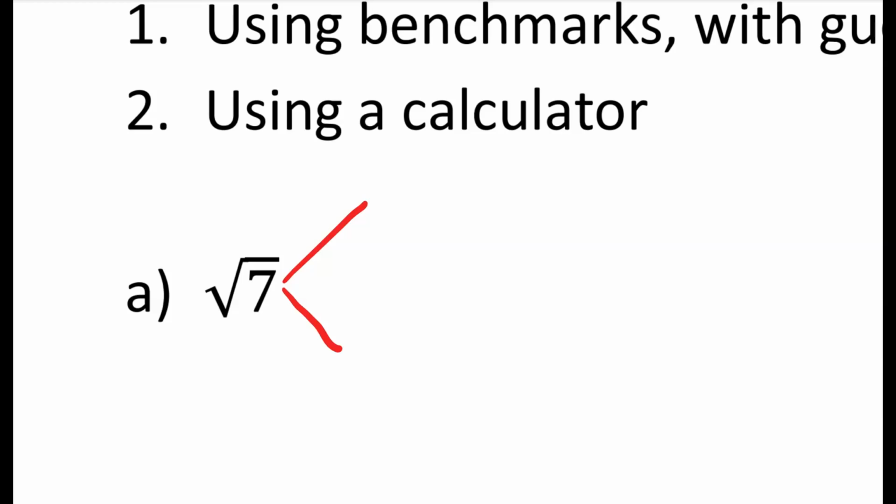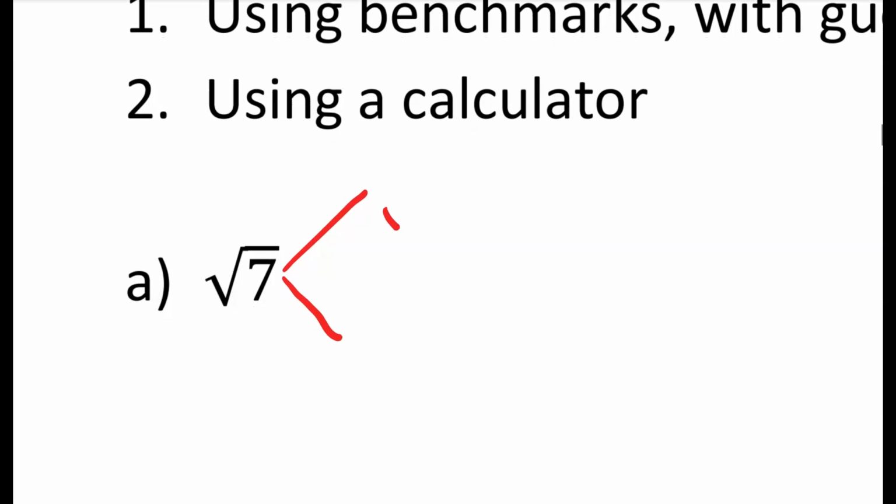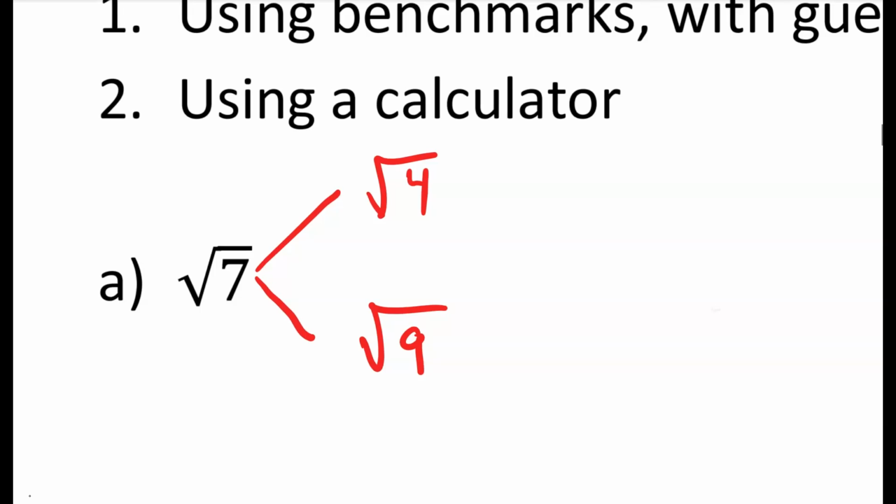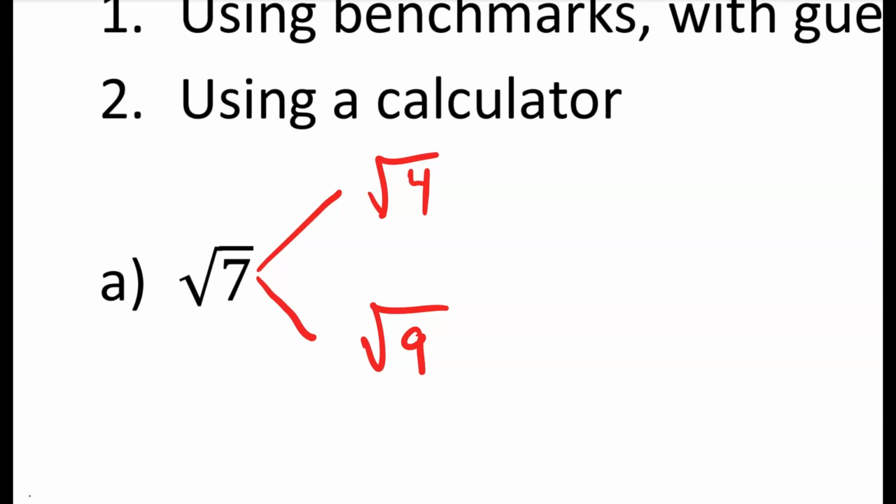So root 7, we want to know what it falls in between. Root 7 falls in between root 4, which is a perfect square, and root 9, which is also a perfect square. That'll give us an approximation on what it should be.